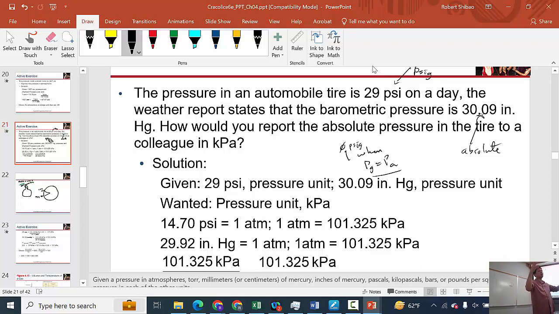Because what we have is two opposing gases: the gas inside the tire and the gas outside the tire. When they're equal, there's no movement, right? But if there's an imbalance, then the gas inside might want to leak out or the gas outside might want to leak in. When the gauge just registers, it doesn't care what the outside is. The outside can change, and therefore the zero is always changing. It's not always 14.7.